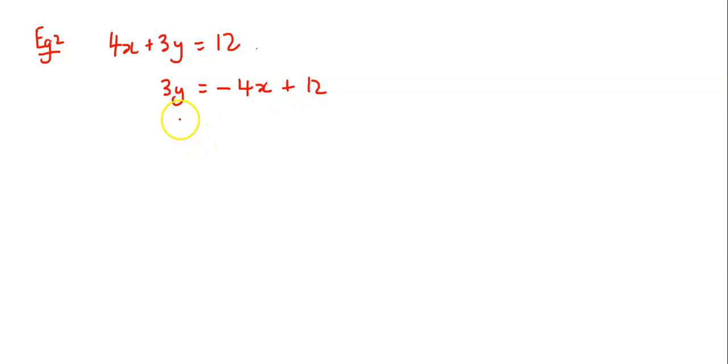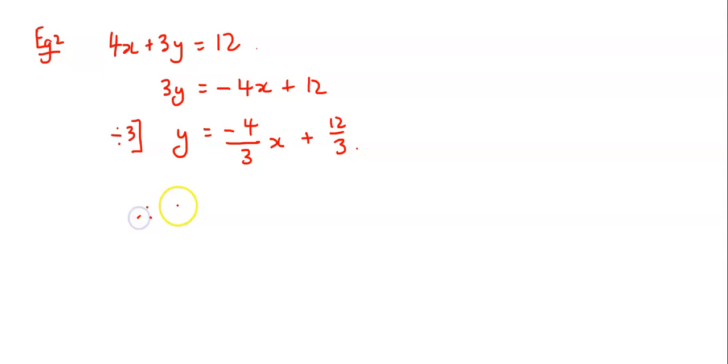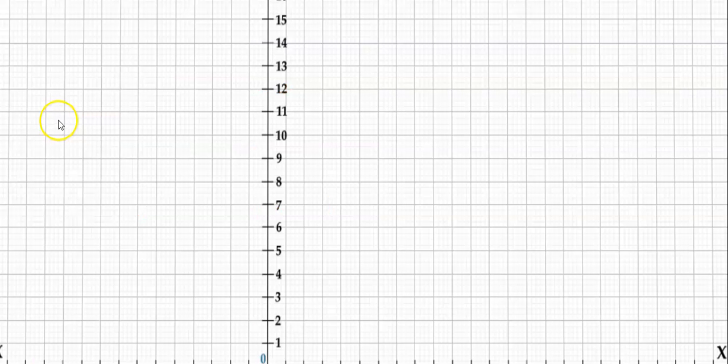Again, we want to make y the subject of the formula, so we need to divide the entire equation by 3. 3y divided by 3 is y, minus 4x divided by 3 is minus 4 over 3x, plus 12 divided by 3 is 4.